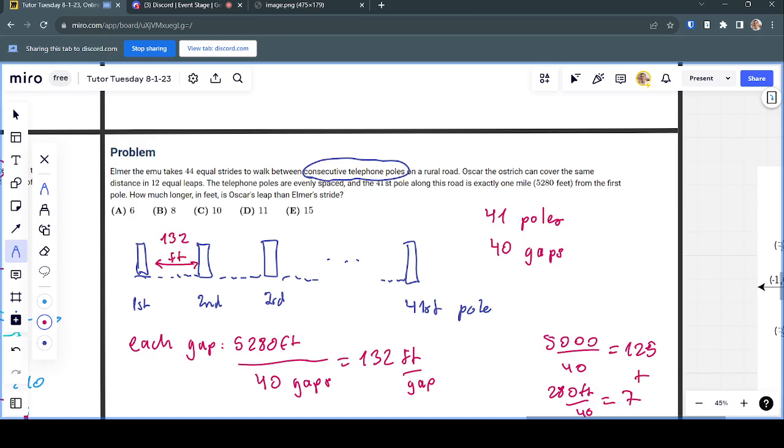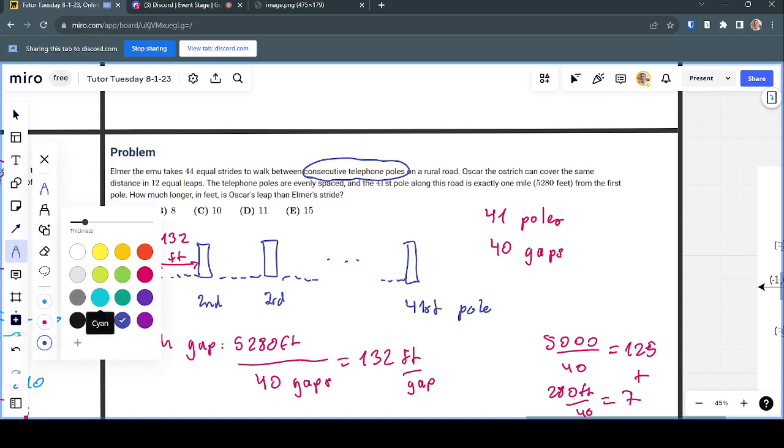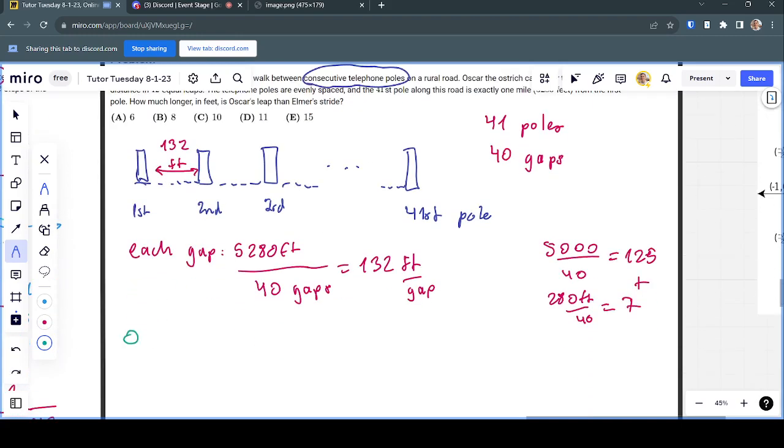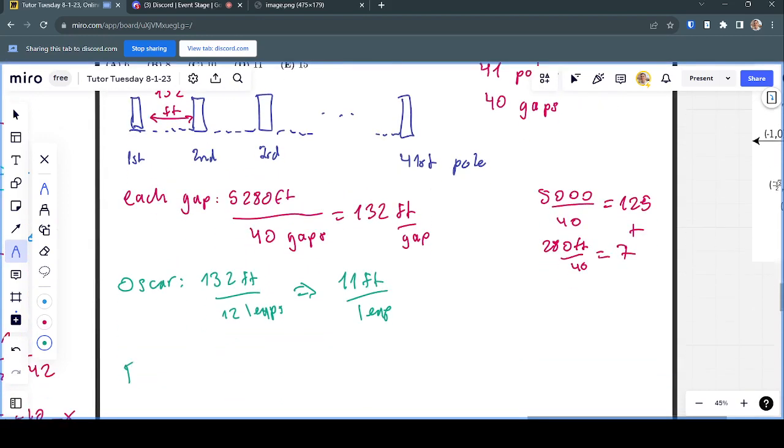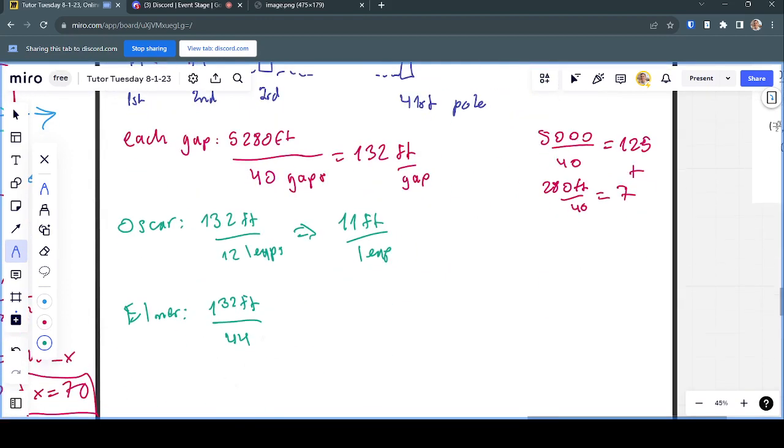Now, Oscar covers, let me do it in a different color, Oscar covers 132 feet in 12 leaps. And that means he covers 11 feet per each leap. For Elmer the emu, he covers 132 feet in 44 strides.